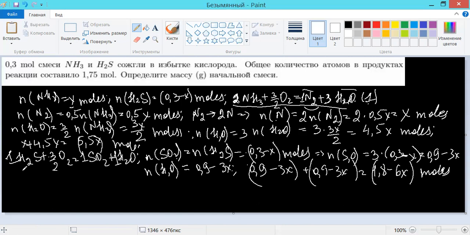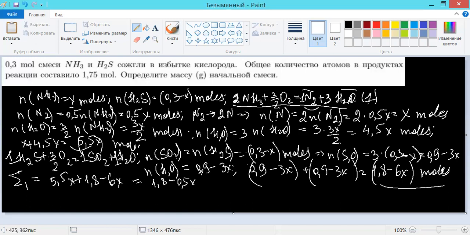What's the total amount of the atoms of the 2 reactions? So we should add this one with this one, right? So 5.5x plus 1.8 minus 6x, right? And that gives 1.8 minus 0.5x moles. And if we look up at the problem itself, it says that the total amount of the atoms of the 2 reactions is equal to 1.75 moles, right?